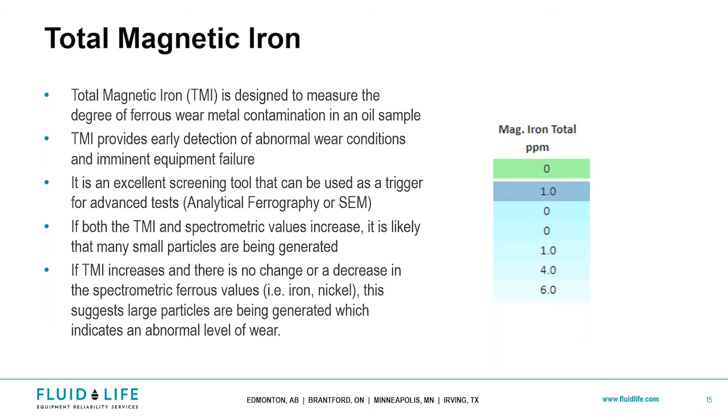And then if TMI is increasing and there's no change, or if there's a decrease in your spectrometry results for your ferrous values, this suggests large particles are being generated, which indicates an abnormal level of wear. So there's different classification of wear as well. You're sliding, you're cutting, so on and so forth. And this would be a great way of getting to that step there.